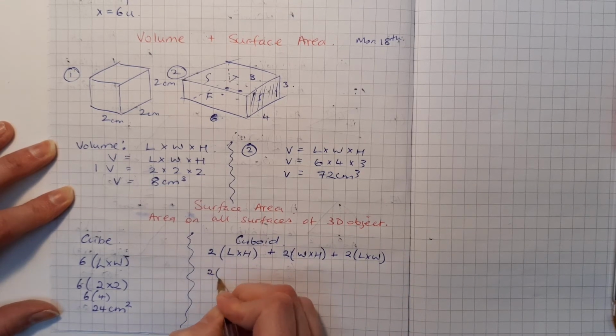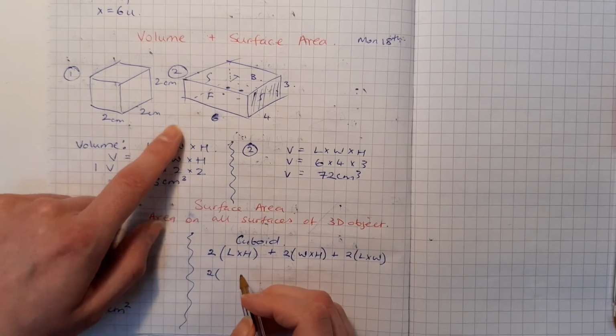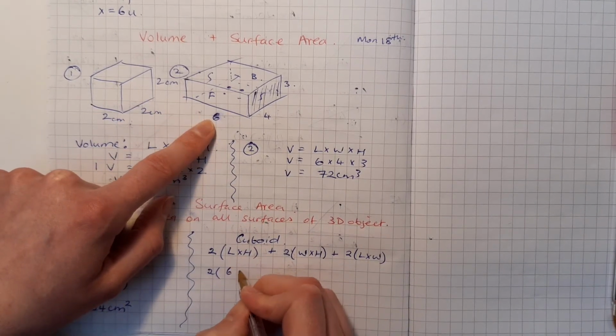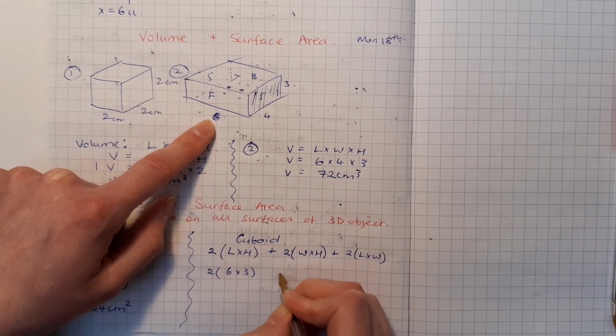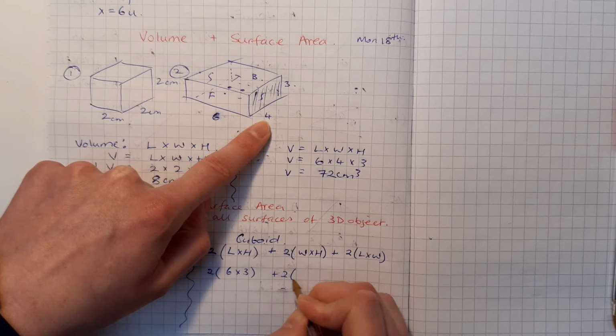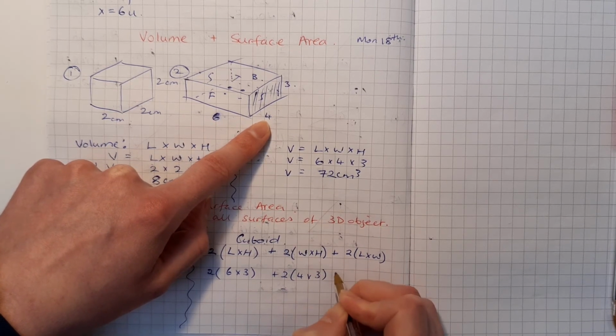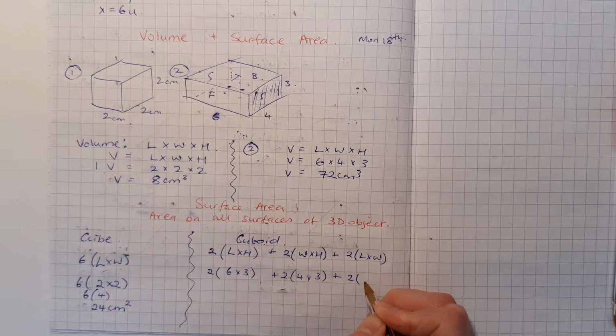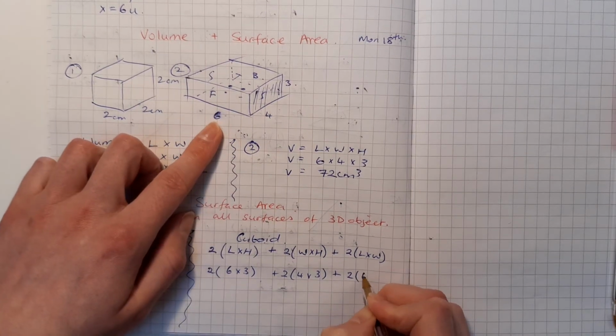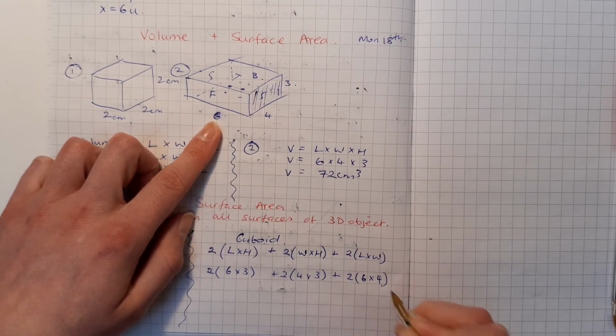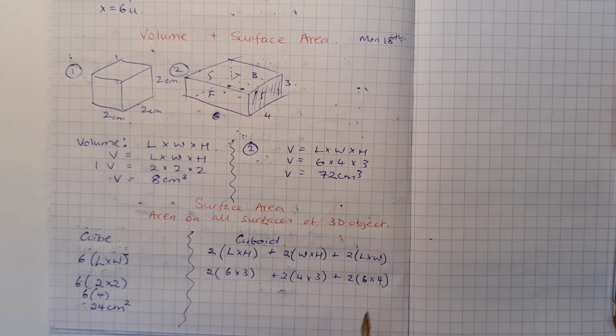And I'm just going to start the calculation here. The length of this is 6 and the height of it is 3. The width of this is 4 and the height of it is 3. And finally, 2 times the length of this is 6 and the width of it is 4. And you take each little math sum separately.